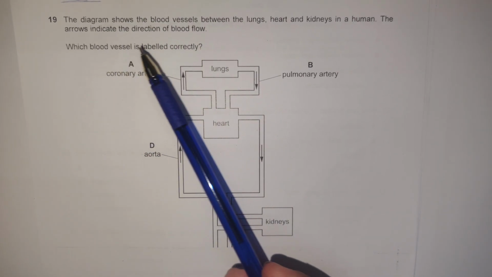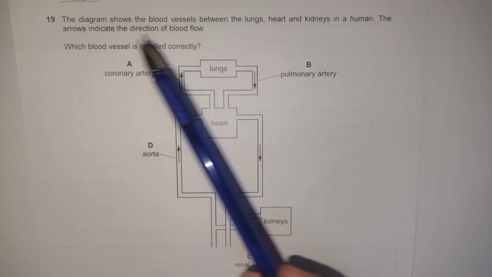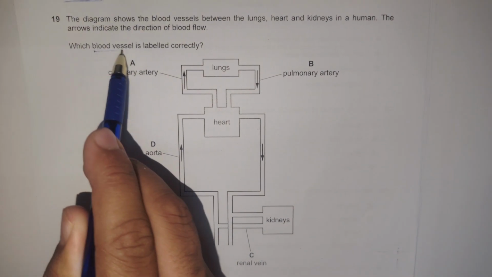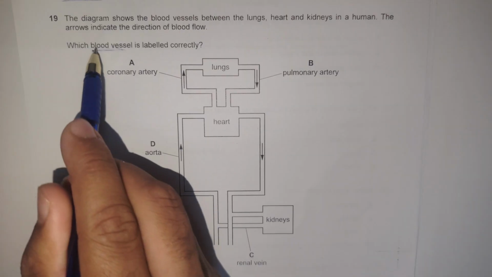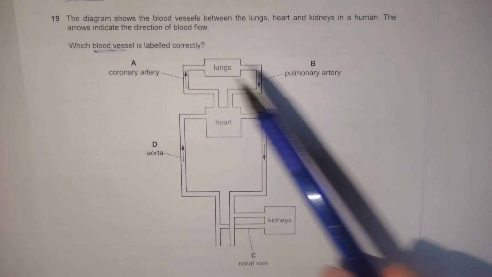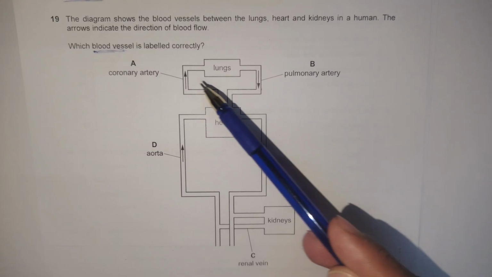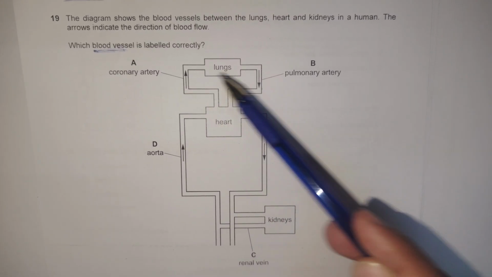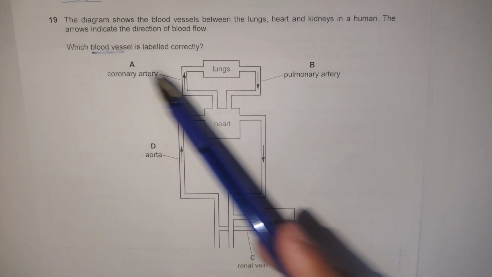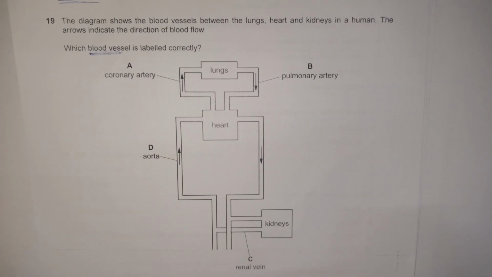Which blood vessel is labeled correctly? The key word to solve this question is blood vessel. Please, you must not forget it. And also, you must not forget the arrows, the pointed arrows. So let's discuss 4 of these options one by one.